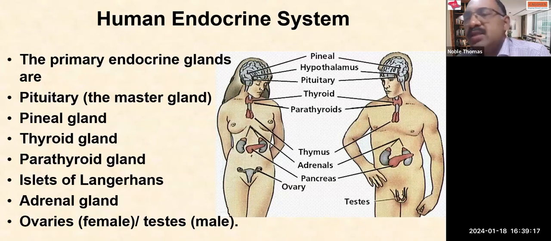When a person is suffering from diabetes mellitus or the absence of insulin, that means that the islets of Langerhans of that person are not working properly. It is also possible that at the same time the person's body may not even be producing glucagon. That means their conversion from glycogen to glucose is also affected.